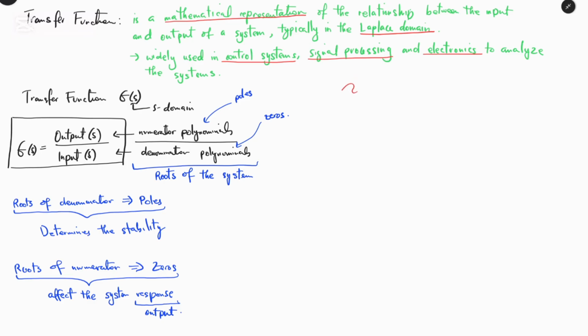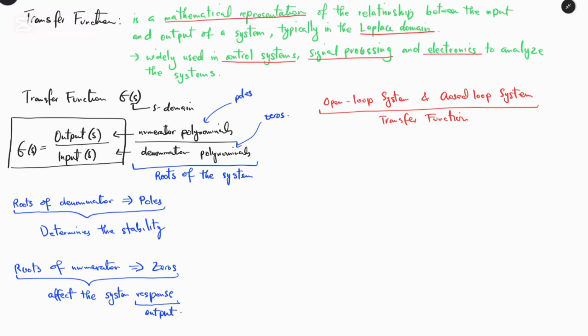And because we have two main types of system under consideration, such as the open loop system and the closed loop system, we can now apply a transfer function to both of these systems.